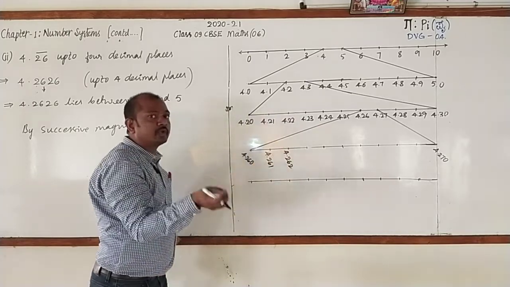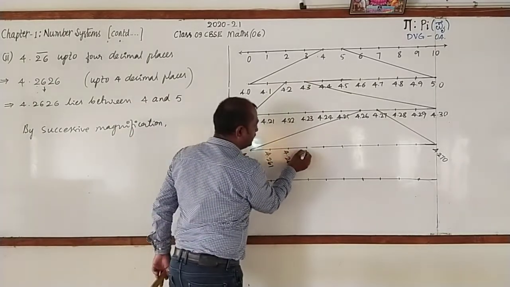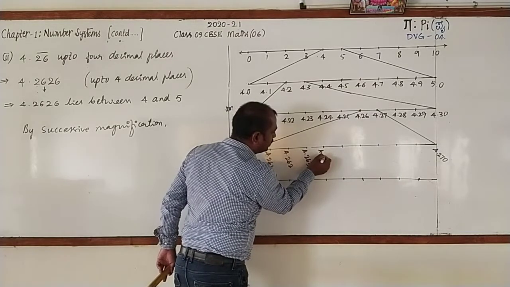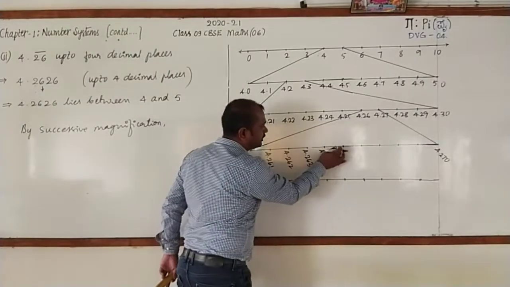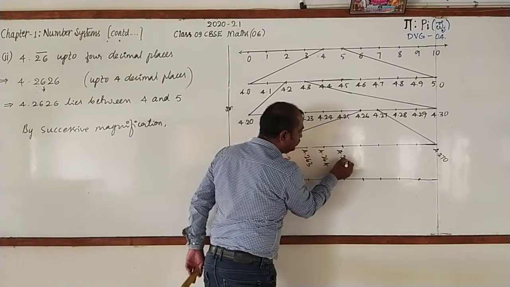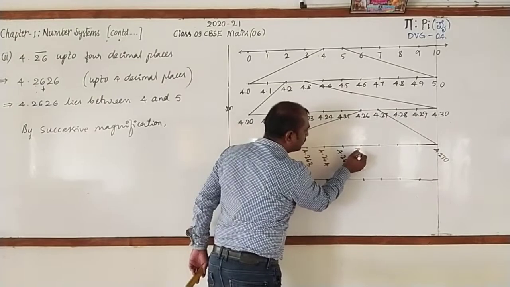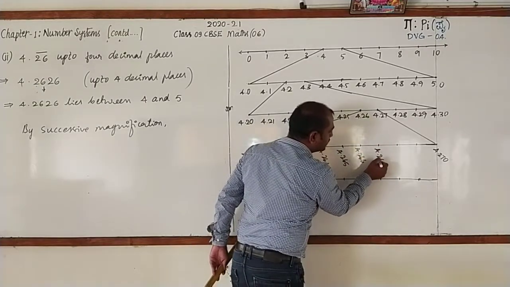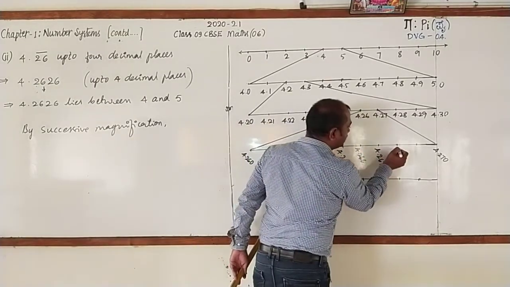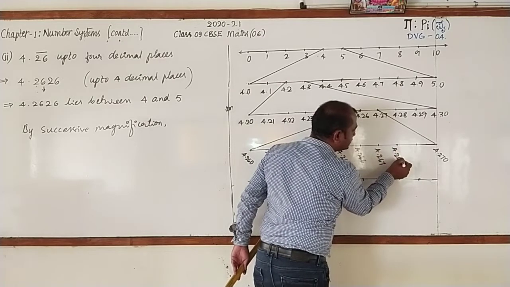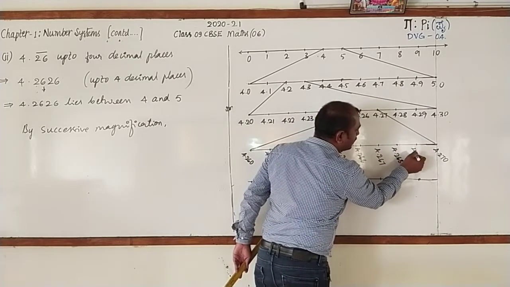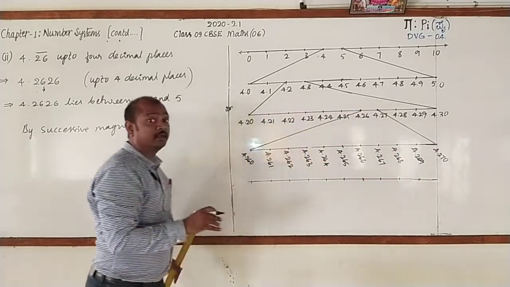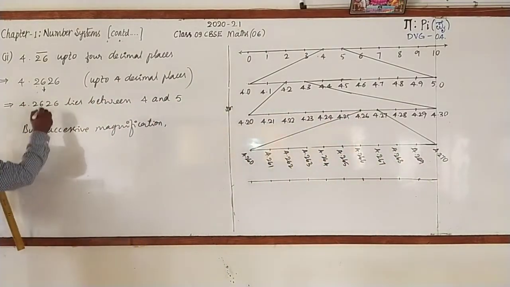Then we feel more comfortable for writing the numbers. It is 4.263, it is 4.264, this point 4.265, this is 4.266, this is 4.267, this point is 4.268, it is 4.269. Got it?